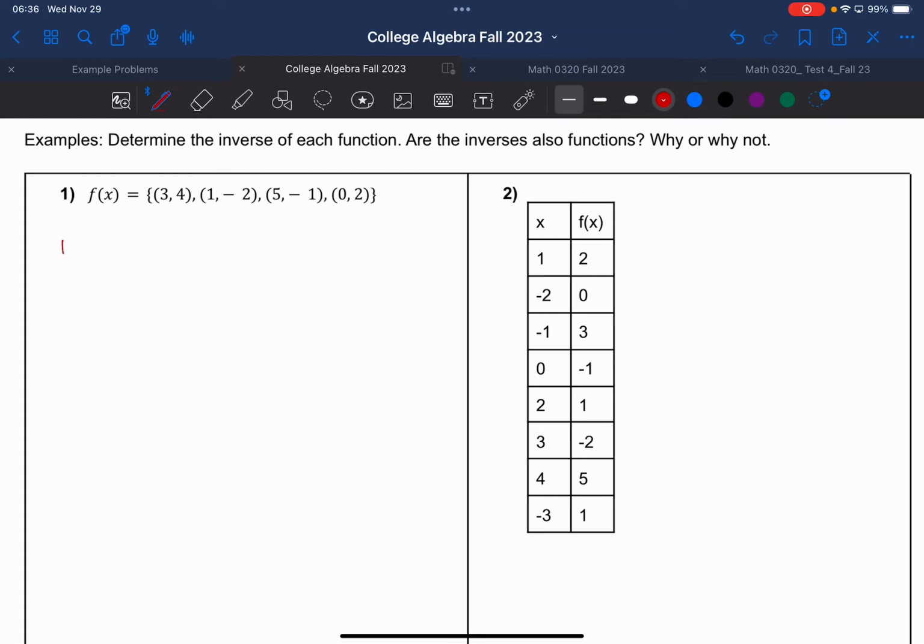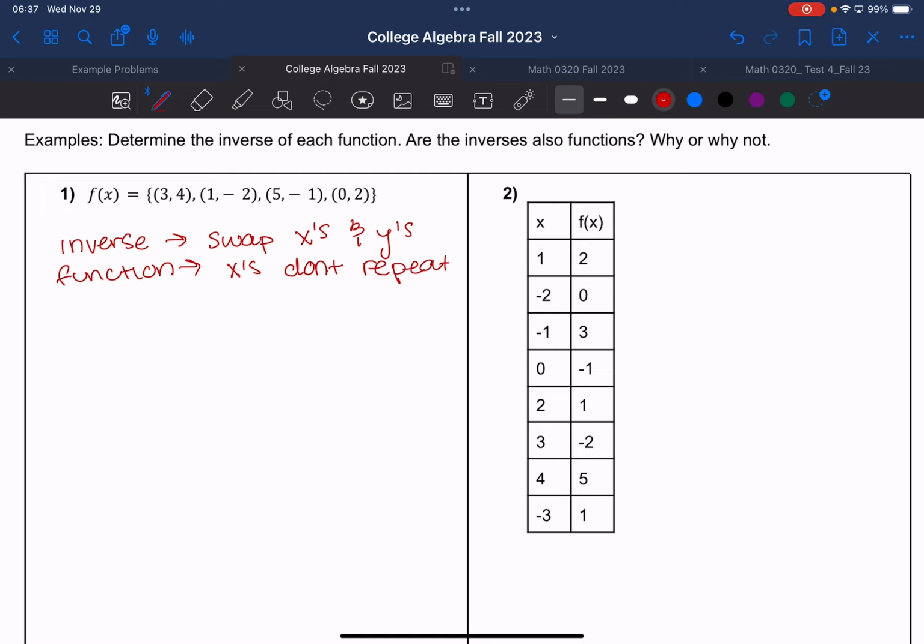So again, remember the inverse means we are going to swap x's and y's. And then remember, we know if something is a function if the x's don't repeat.